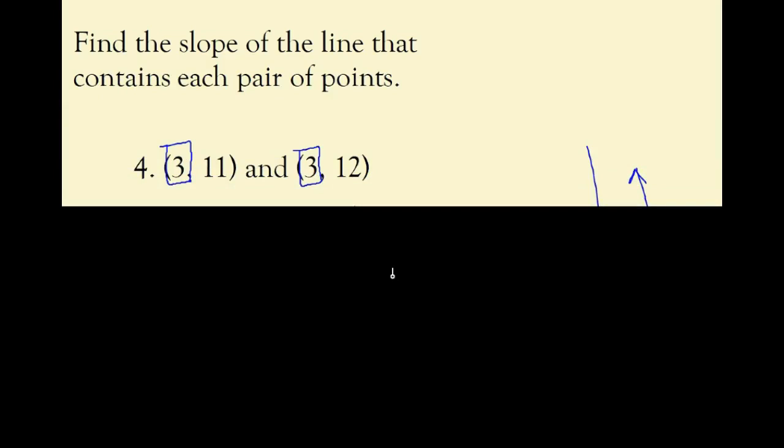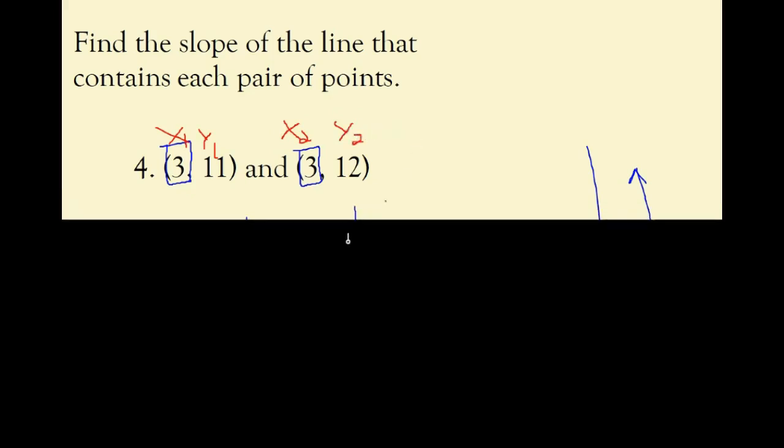Okay, what are we looking at this time? Go ahead, Dawn. Okay. What does rise over run look like for this problem now? Go ahead, you're running with it, Dawn.